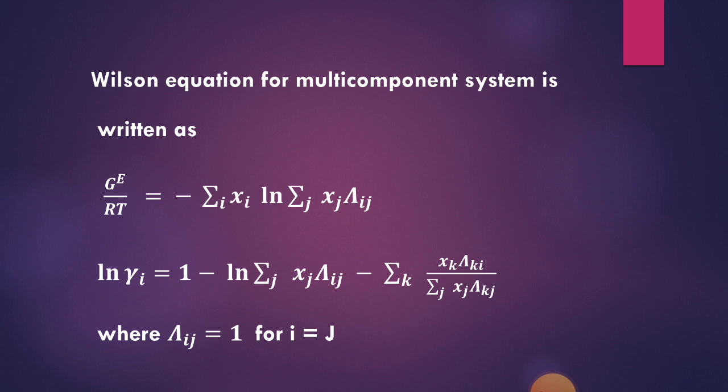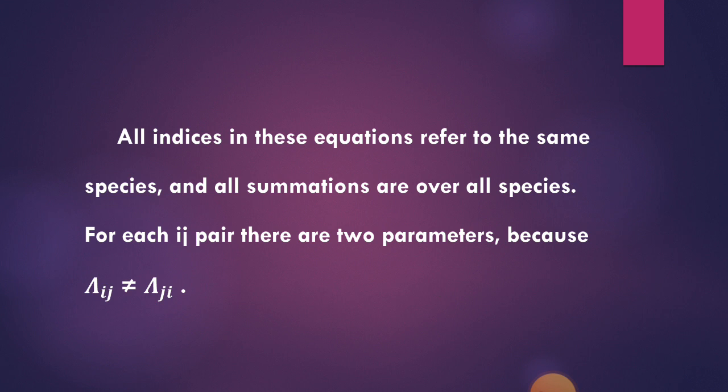Similarly, ln gamma i is equal to 1 minus ln of sigma j xj lambda ij, minus sigma k xk lambda ki by sigma j xj lambda kj. Here lambda ij is equal to 1 for i equal to j. In these equations, all indices refer to the same species and all summations are over all species.